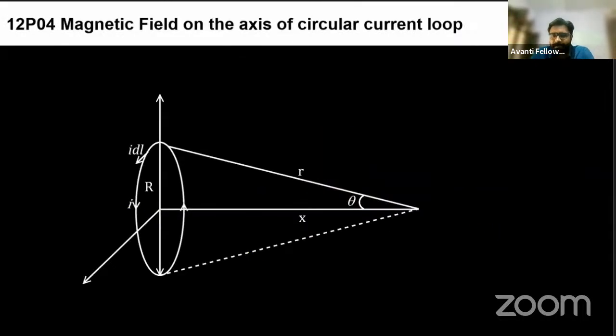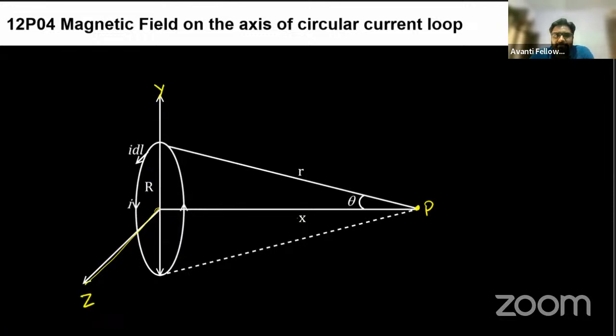It is the same thing we did in the electrostatics portion of physics: we took an annular ring and calculated the electric field on the axis of the ring. The same thing we are going to find out for magnetic field. So here we have our circular loop, and this is our point P where we have to find the magnetic field. This is the ring, or current loop. These three are the axes, do not confuse them: this is the x-axis, this is the y-axis, this is the z-axis.